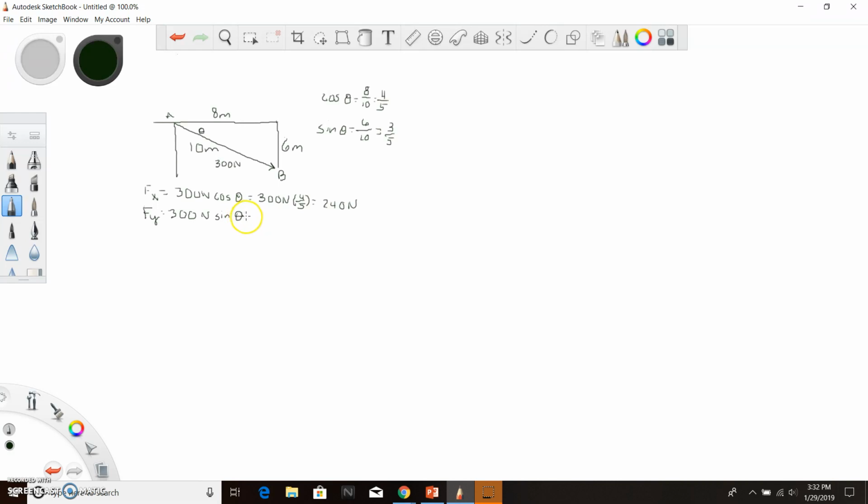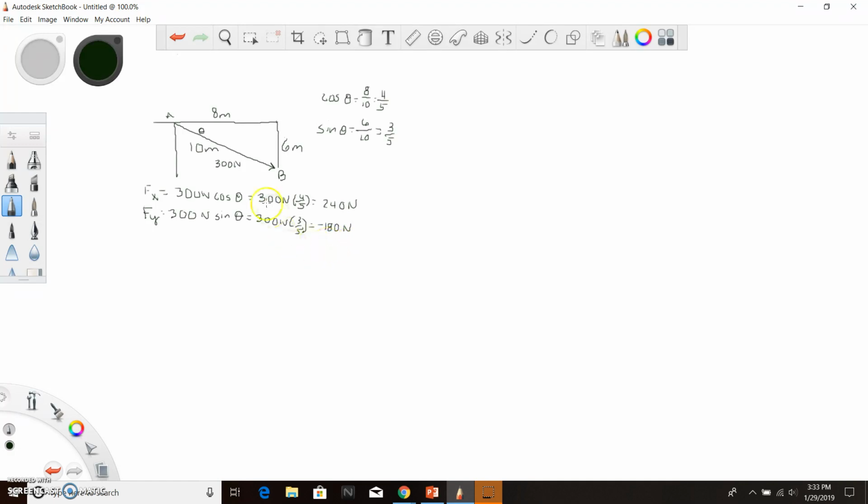Then I'm going to do the same thing for the y. Similar, but this time sine theta is going to be 3/5. This is just like using similar triangles. So 300 newtons times 3/5, and it's pointing down, so I'm going to get a negative 180 newtons.